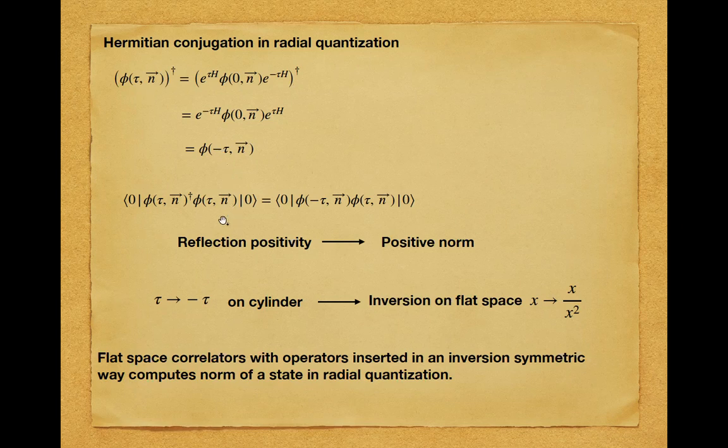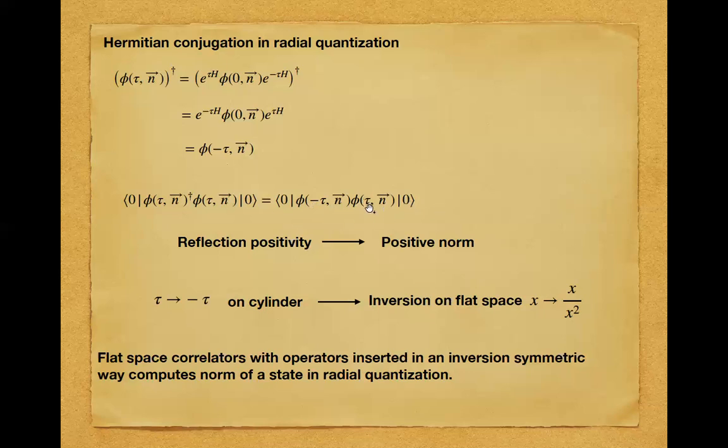Okay. So suppose you now take this phi tau n vector. This is your operator, and you are acting on the vacuum, and then this will create a state, and you are interested to know the norm of that state. Then you have to take the scalar product of this state with its conjugate, which is this, and therefore you get a configuration like that, right?